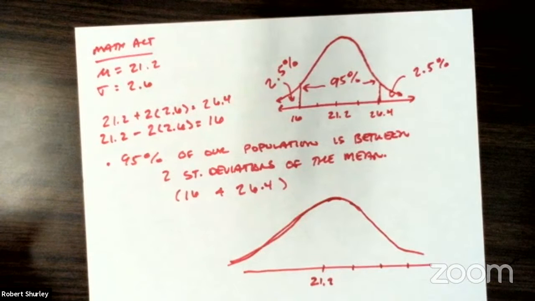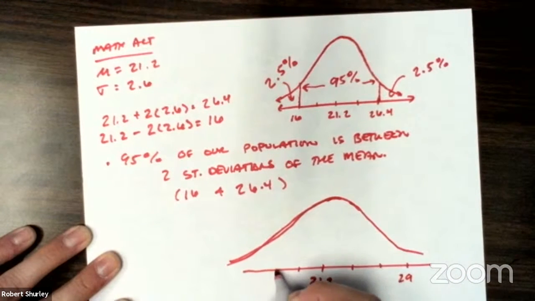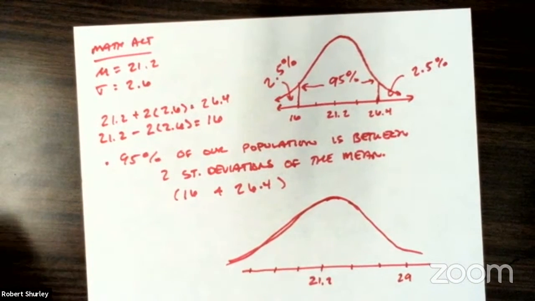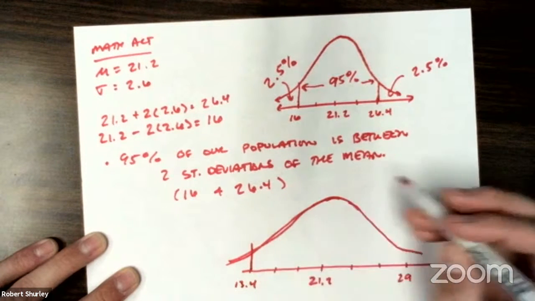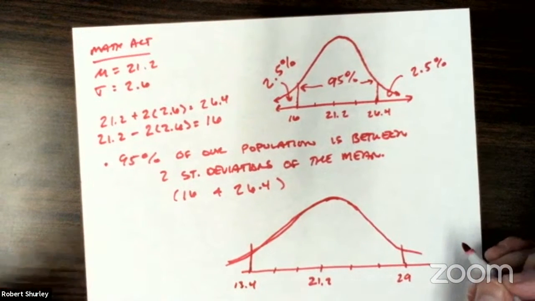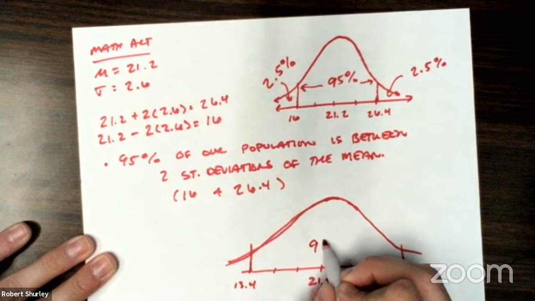21.2 plus 3 times 2.6. So that's 29. And then subtract 3 standard deviations. 13.4. So 3 standard deviations, your book says holds approximately 99.7%.